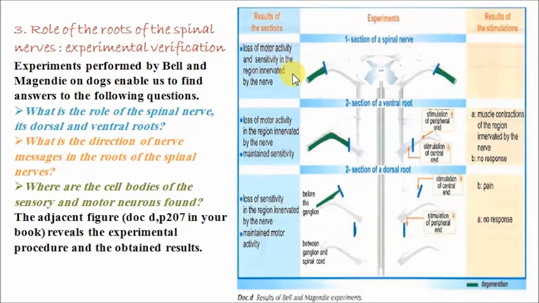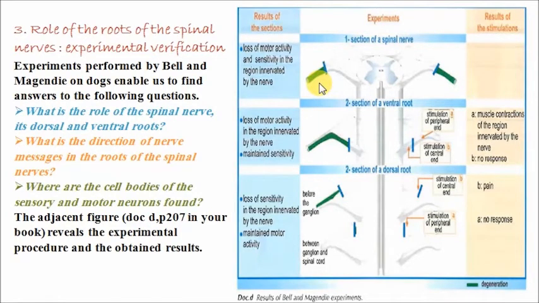So this would cause you to reach a conclusion that the spinal nerve must contain fibers which are responsible for motor action and which are responsible for sensitivity. Therefore, the nerve has fibers of the motor neuron and the sensory neuron. This is why we say that the spinal nerve is a mixed nerve.